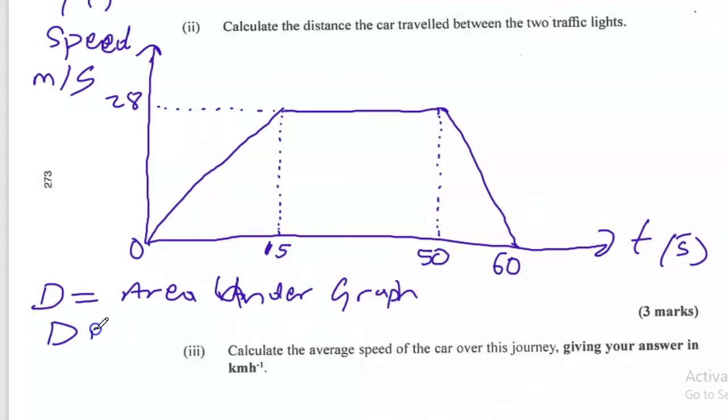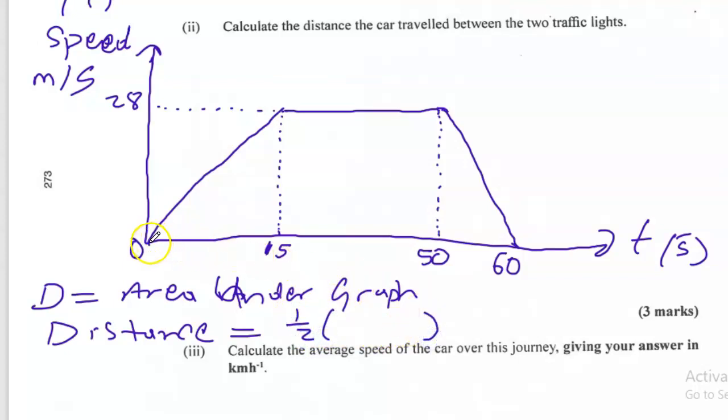So the distance, same thing we call D, is equal to the area under the graph. And that's a trapezium, right? What's the formula for the area of a trapezium again? Half the sum of the parallel sides times the distance between them.